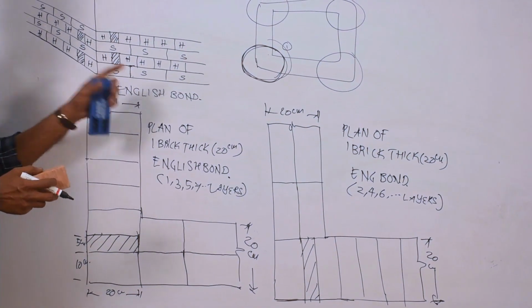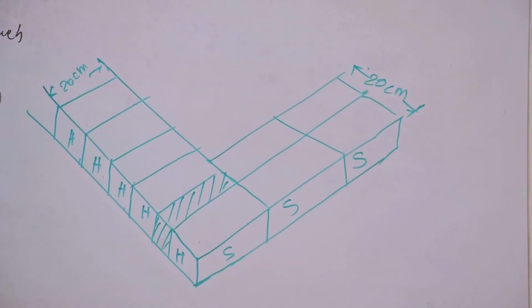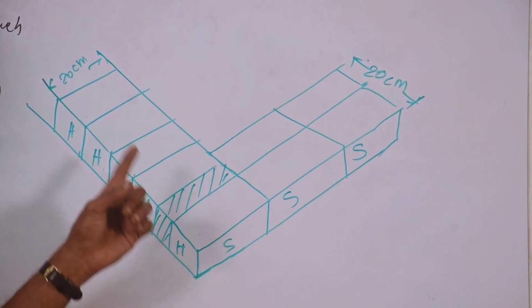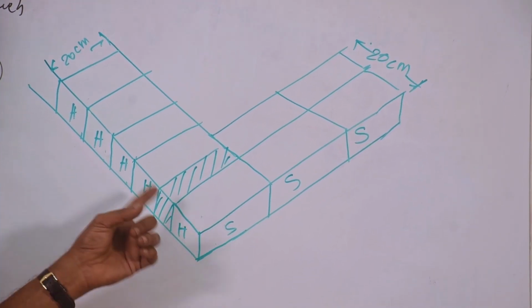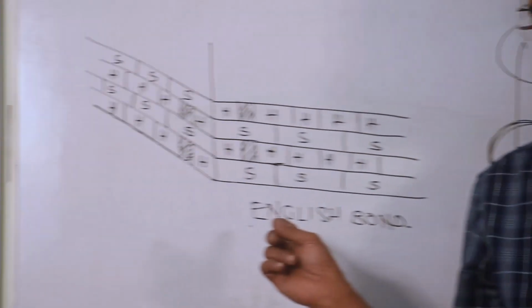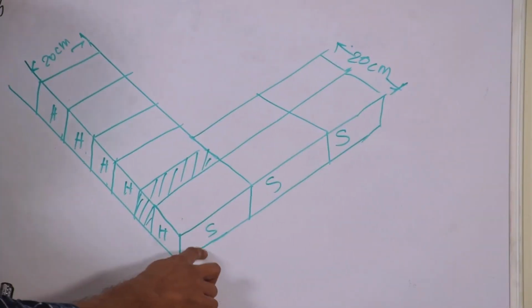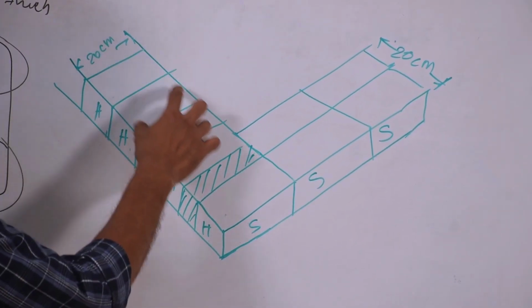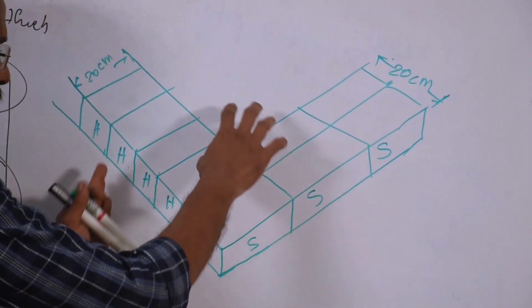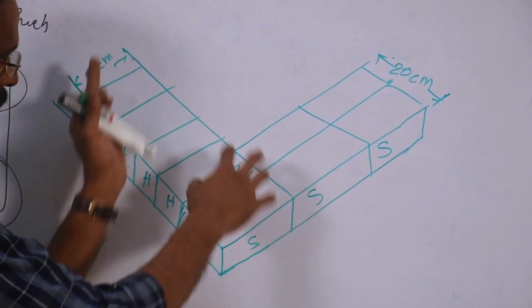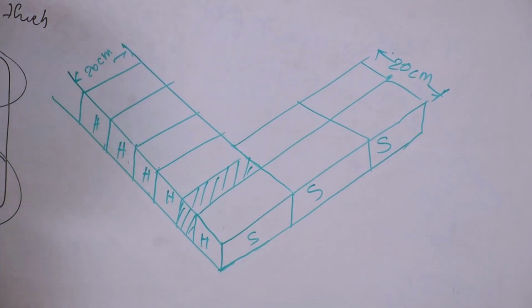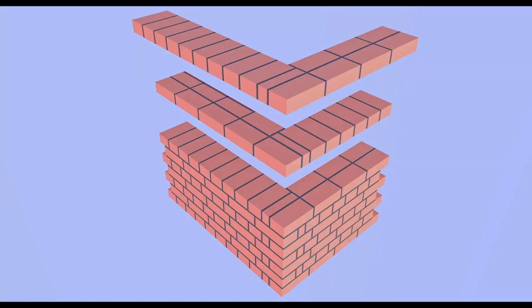So this is for 20 centimeter. So this is the isometric view of the first layer arrangements of brick in English bond, only for the first layer. So this is about 30 degree. What we want is only this portion. Make it 0 degree or tilt it, you get the required view. That is the top view.